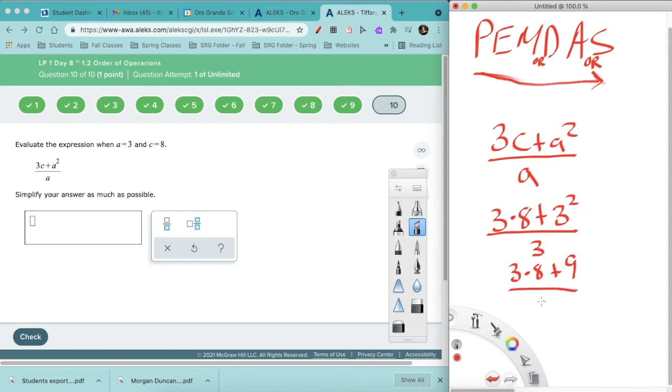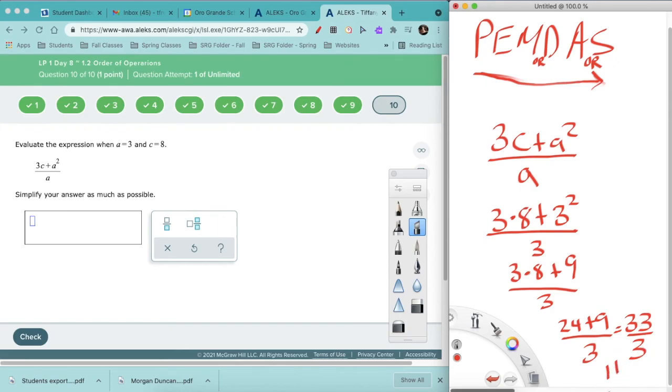So now I have 3 times 8, and that's 24 plus 9 over 3. 24 plus 9, we get, let's see, what is that? 33. Divided by 3. So now I'm down to one number. I can divide by 3. 33 divided by 3 is 11.